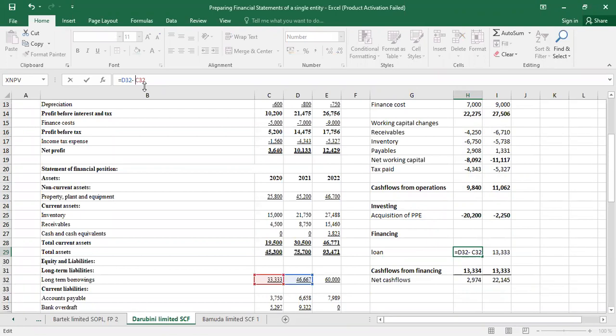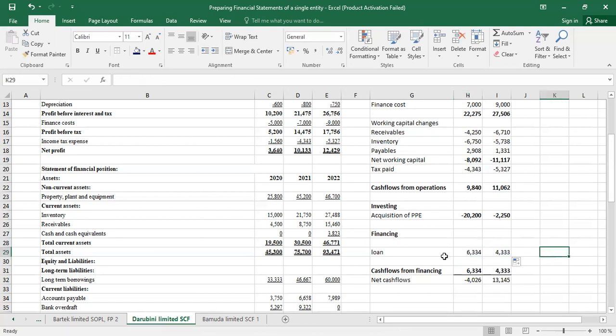The adjustment, minus the adjustment, 7,000 finance cost, minus the current value. So that's what I was doing, but now I did finance cost alone.